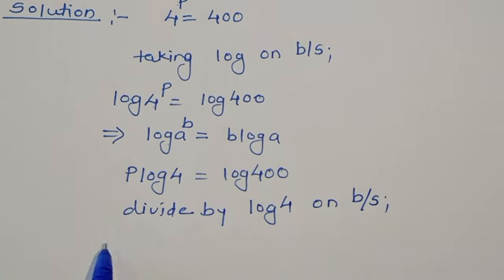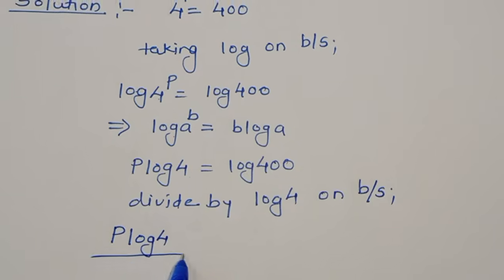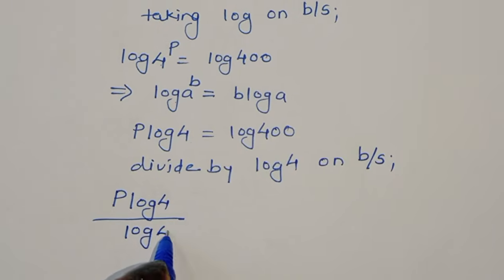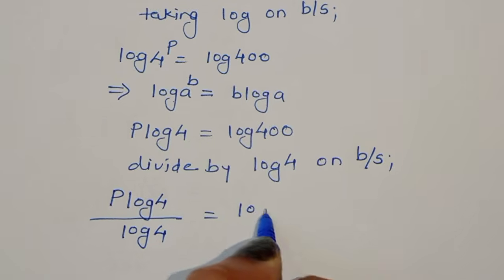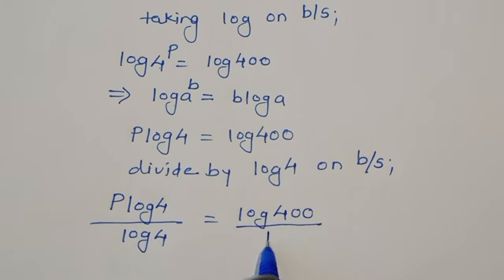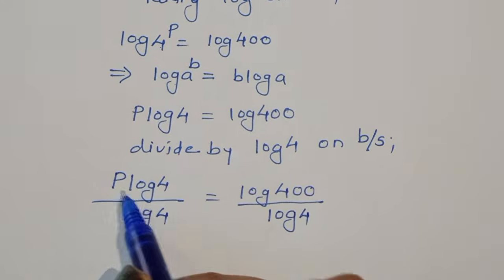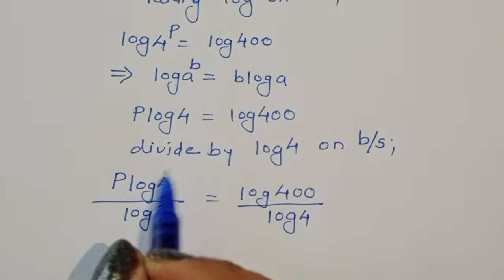We will get p log of 4 divided by log of 4 is equal to log of 400 divided by log of 4. Now p log of 4 divided by log of 4, we can cancel this one.